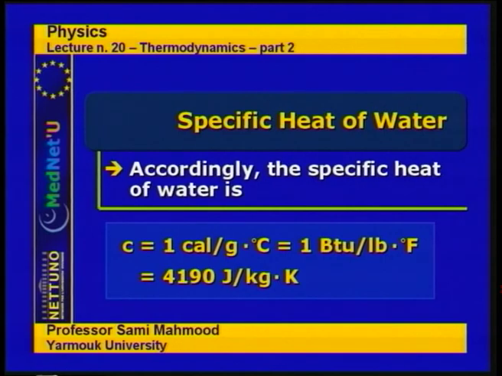And the unit of mass is kilogram, and the unit of temperature is Kelvin.